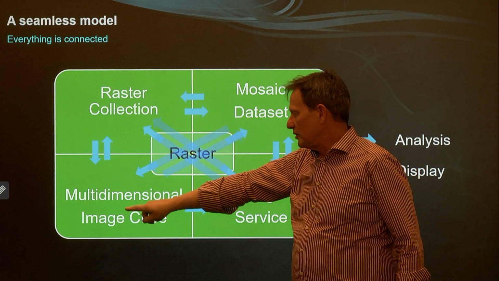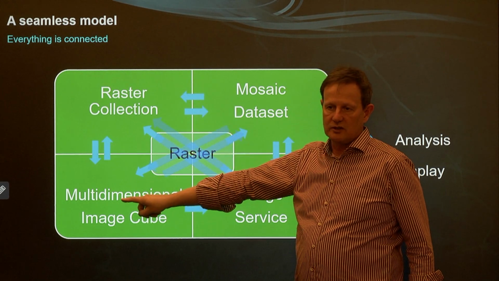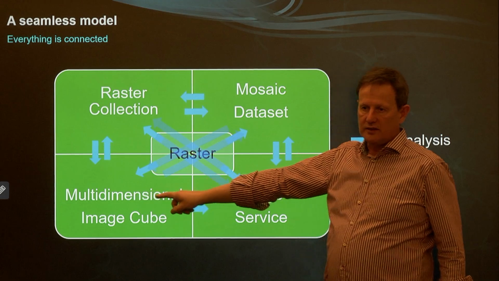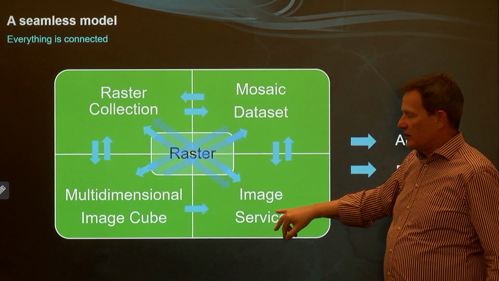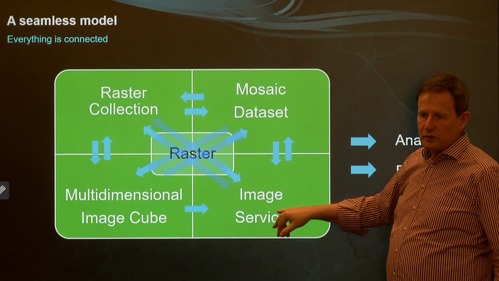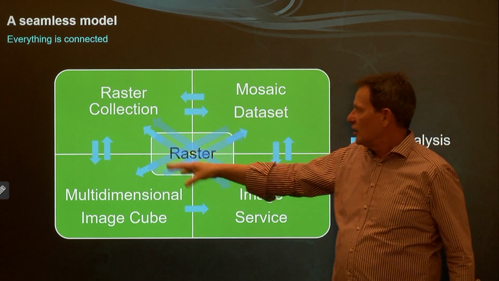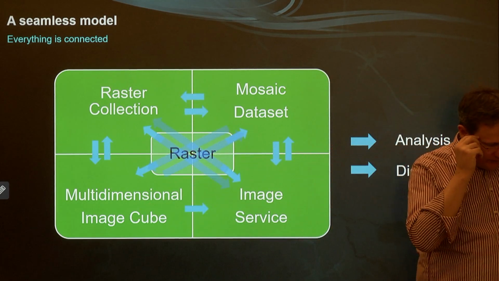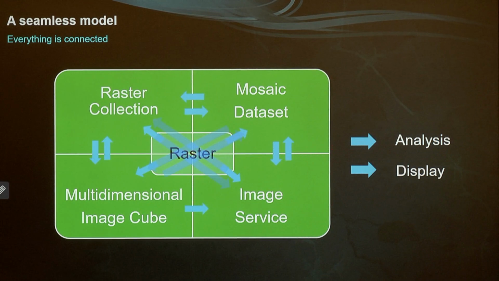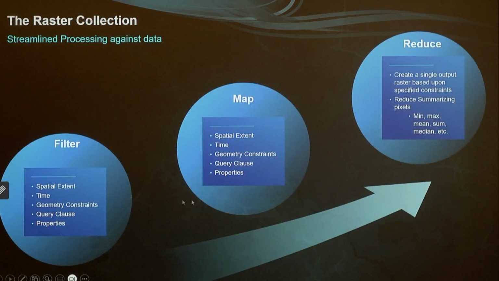On some of it we also exported into multidimensional, multi-temporal data sets. But there was never a mosaic dataset, there was never an image service from it. It was a pure processing workflow that started code-wise and went actually this way. So this is a really nice way of dealing with things.